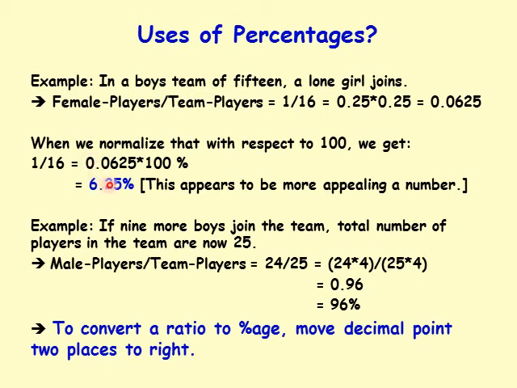Same thing here: the answer is 0.96, and now we move the decimal place to the right and it becomes 96%. We move the decimal point to the left and it becomes 0.96.